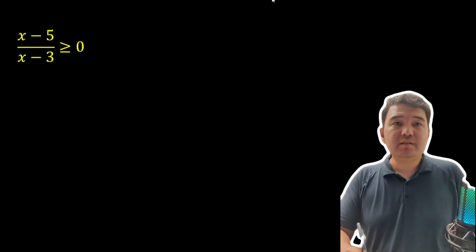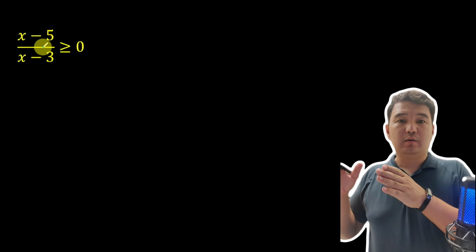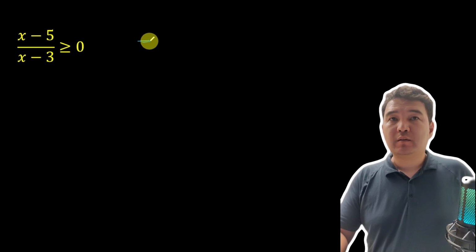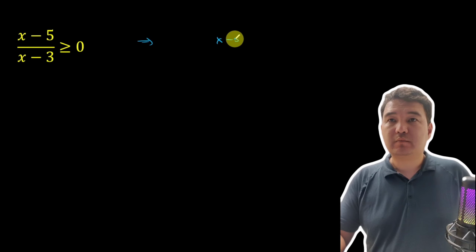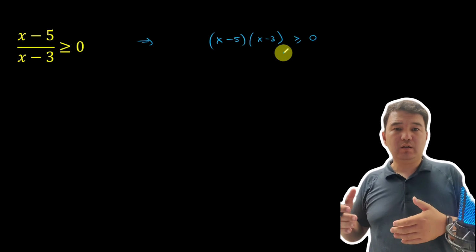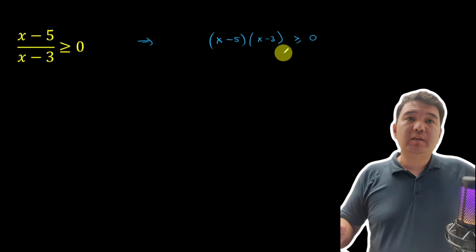This type of linear fractional inequality is exactly the same as a quadratic inequality. If you solve the inequality (x minus 5) multiplied by (x minus 3) greater than or equal to 0, you'll get the same answer with only one difference.